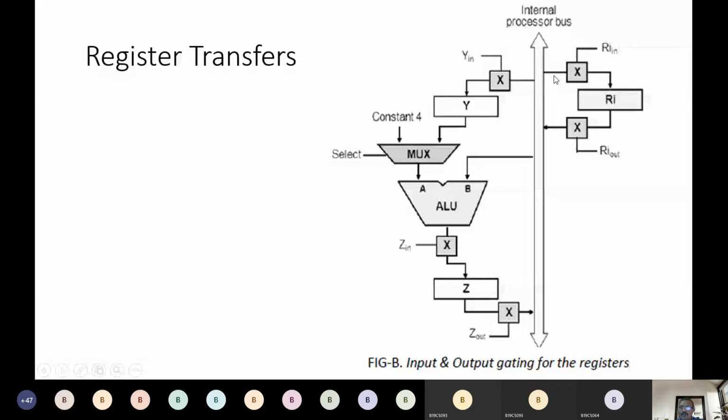So R0 will have one input, and you can see one output. The square boxes we call switches. This square box is a switch, and this RIN is a signal. RIN is the input signal, and RI out is the output signal.